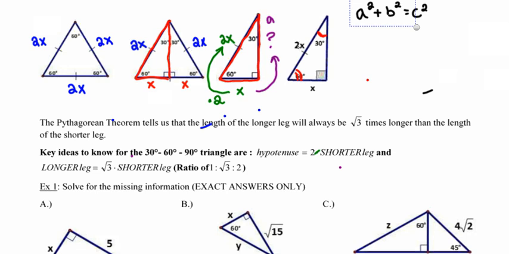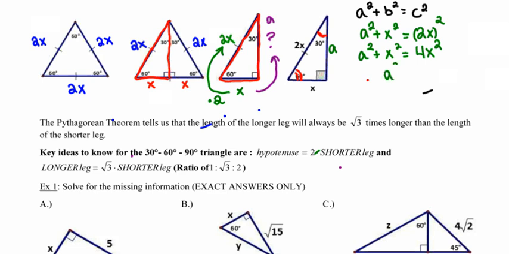The hypotenuse is represented by 2x, and the length of the shorter leg is represented by x. So I've got a squared plus x squared is equal to the length of the hypotenuse, (2x) squared. Keep in mind that when you square the expression 2x, you need to square both the 2 and the x. So the right side of that equation, when squared, will become 4x squared.